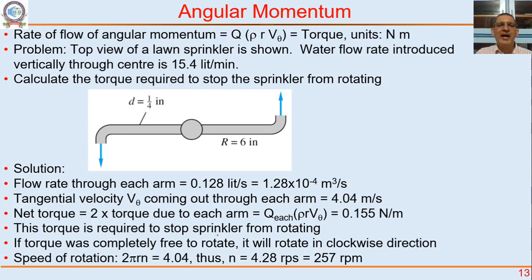Okay, the last point in this macroscopic momentum balance is on angular momentum. So angular momentum we are going to define as volumetric flow rate multiplied by the angular momentum per unit volume.